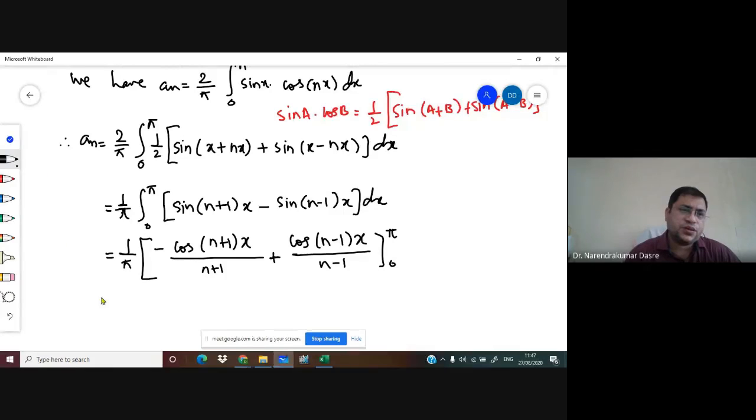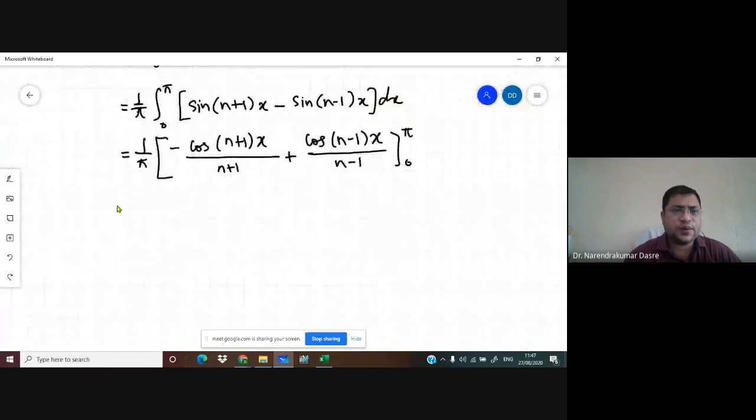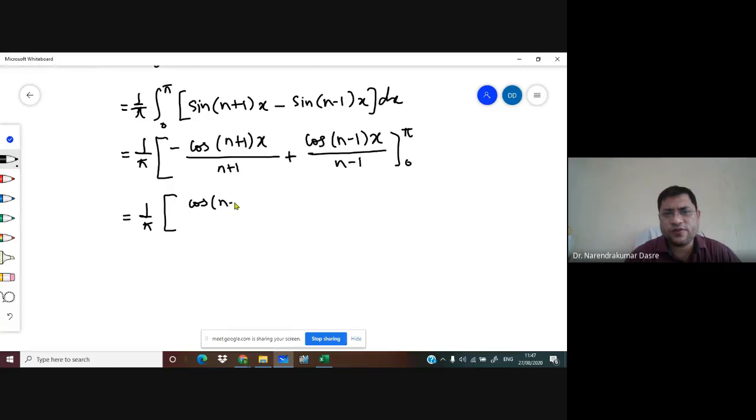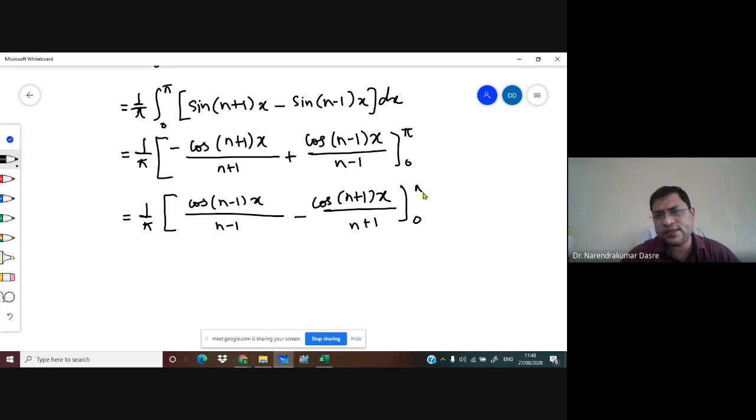Okay, so let us apply these limits. I'll take the minus out, or I'll write this as 1 upon pi, cos of n minus 1 x upon n minus 1 minus cos of n plus 1 x upon n plus 1, and the limit is 0 to pi. Now apply the limits properly.